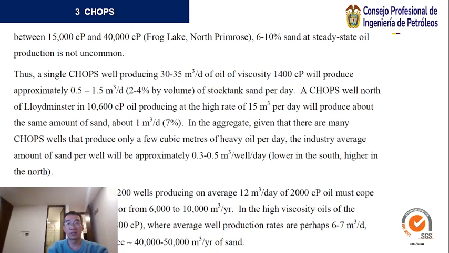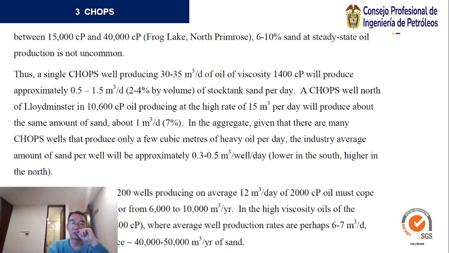The CHOPS wells north of the field in 10,000 cp oil producing at the high rate of 15 per day will produce about the same amount of sand, and about 1 per day in the aggregate, given that there are many CHOPS wells that produce only a few cubic meters of heavy oil per day.